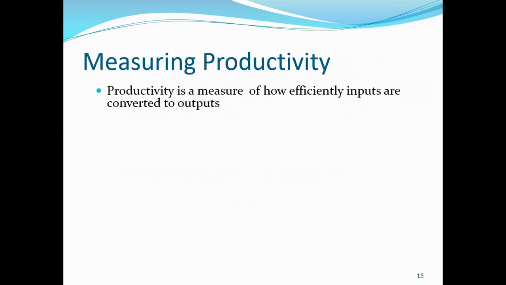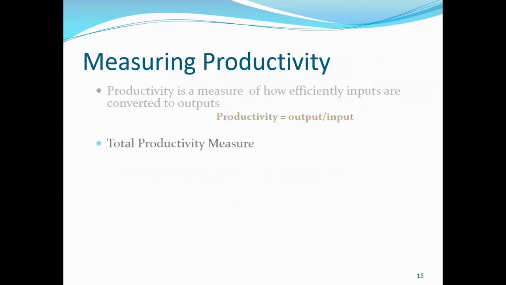To measure productivity, we usually look at how input is converted to output, so we use output divided by input. The total productivity measure is the total sales divided by total input in dollar value.